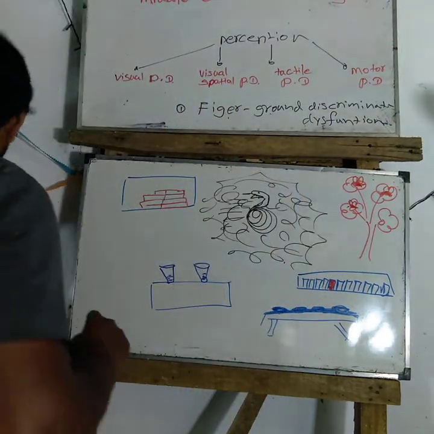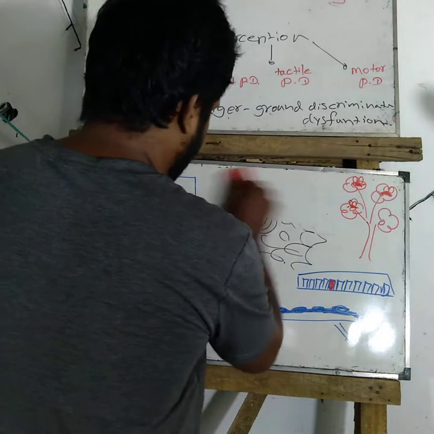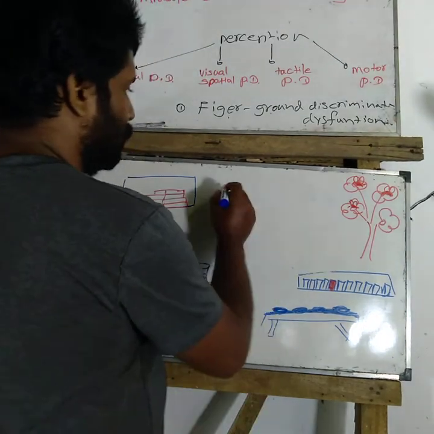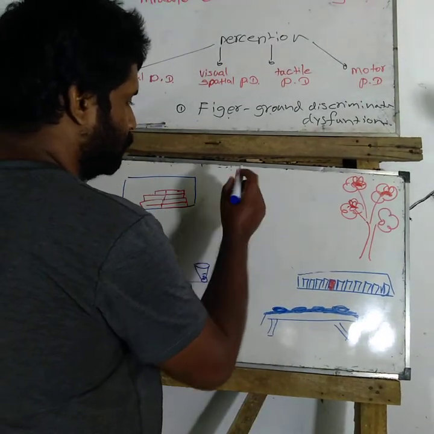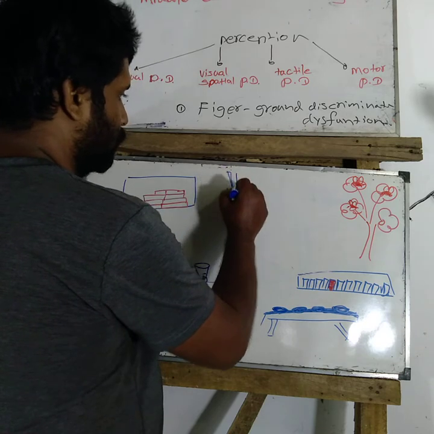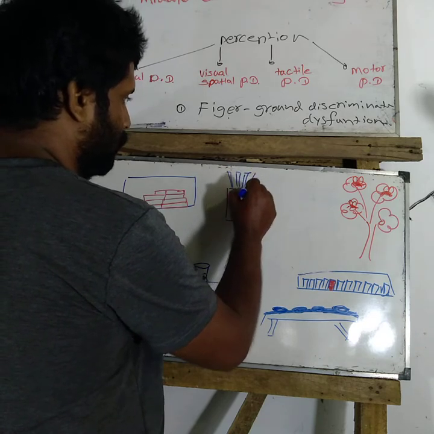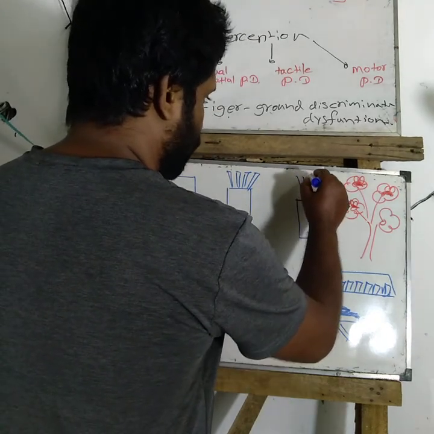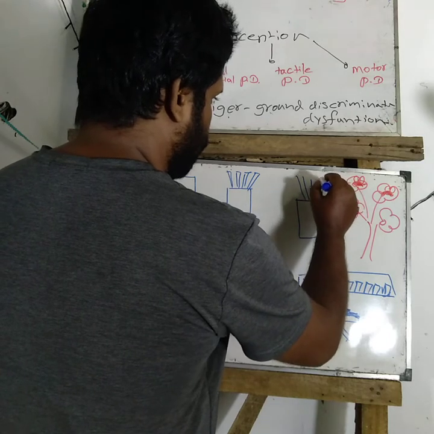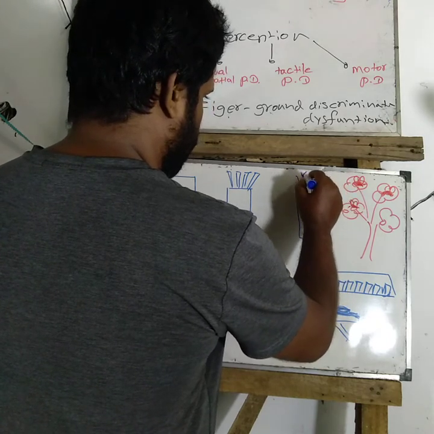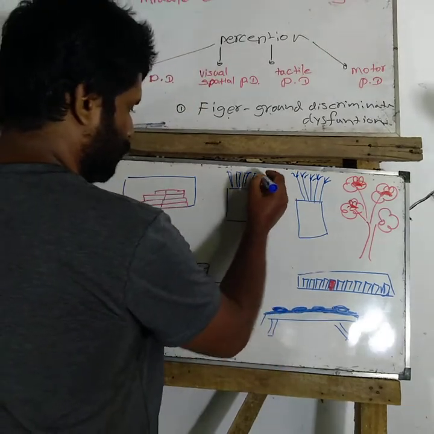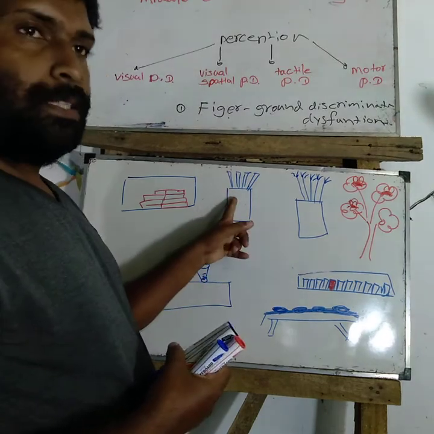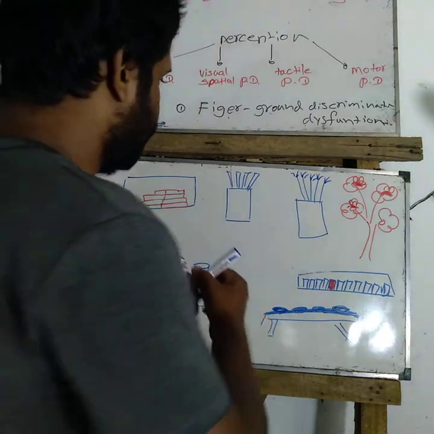Go to another example. This is the brush, put into this basket, and this is some form of tool. This is the bucket, same color brushes are there.